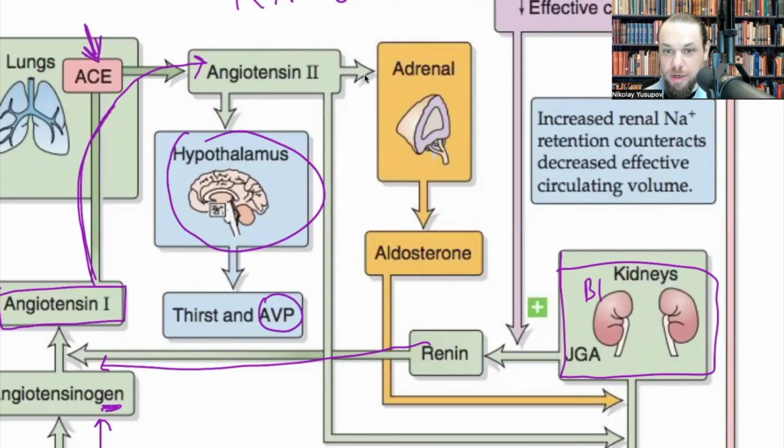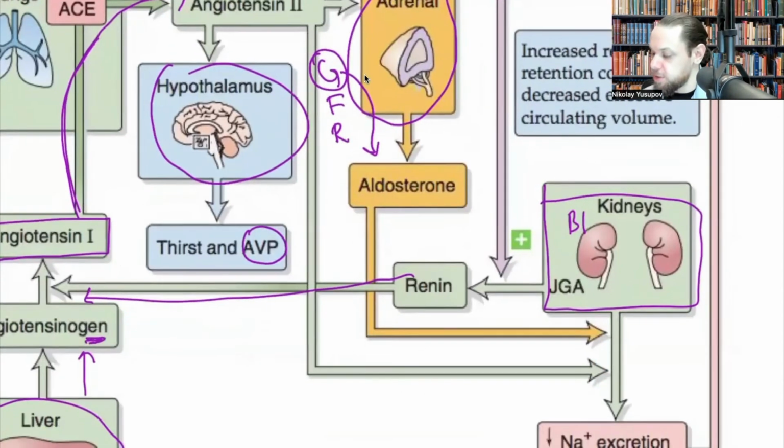Angiotensin 2 will work on the adrenal cortex, specifically, right? We were talking about GFR. Zona glomerulosa is going to secrete aldosterone. Aldosterone's role is retention of salt and water.